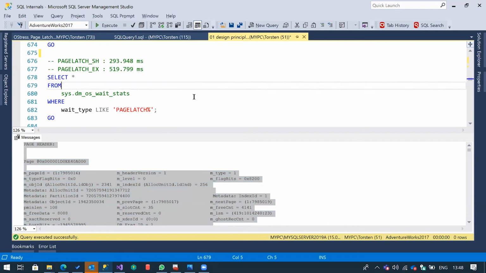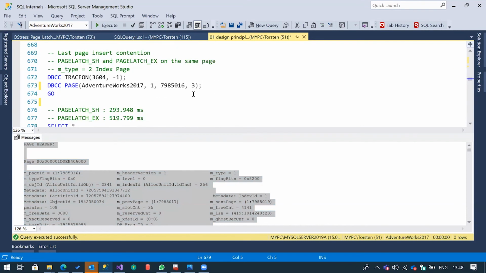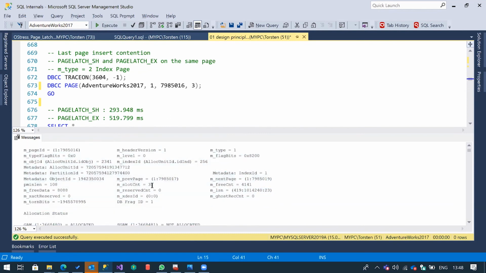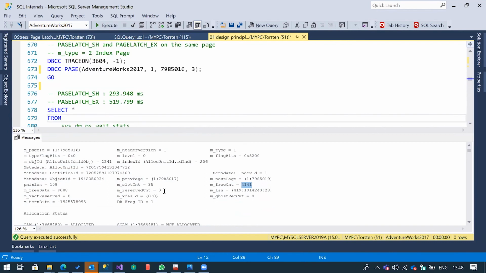I can use print option 1 to see the hex code, but this is not the intention of the presentation here. But here we have m_slotCnt. That is the position within the page. This is the position where SQL Server can insert the next record.